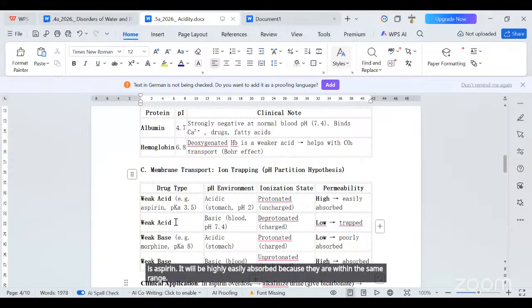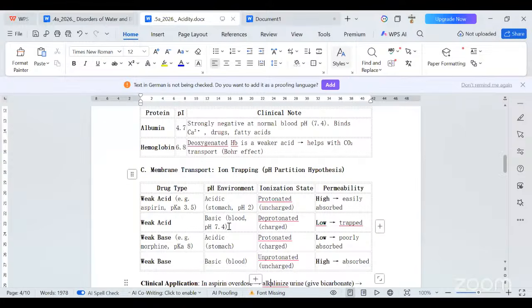But when we're talking about weak acids in the blood, they are miles apart. One is an acid, one is tending towards a base. So the acid will be trapped because it will be deprotonated. We said acids are proton donors.